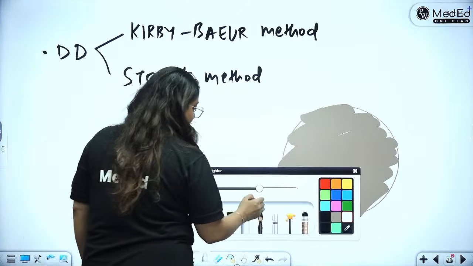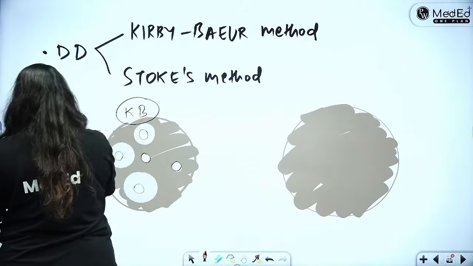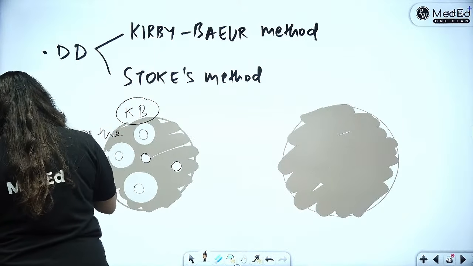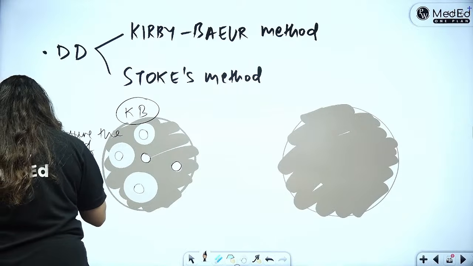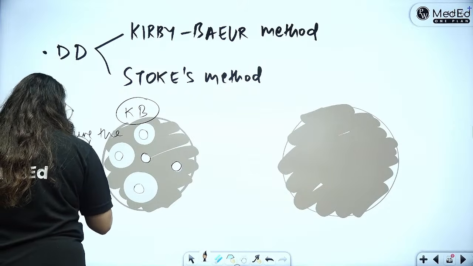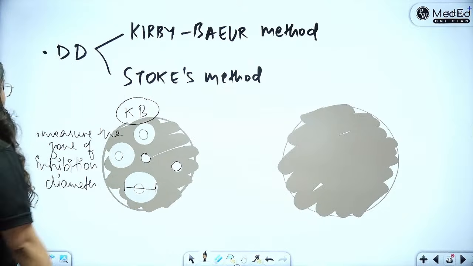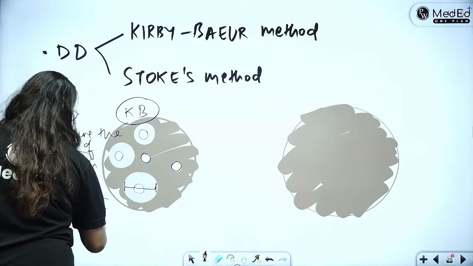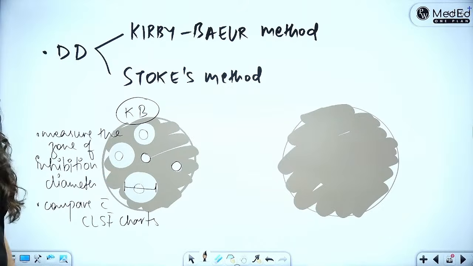So in the Kirby-Bauer method you measure the zone of inhibition diameter. From here till here, this diameter you will measure in millimeters, and you will compare it with the CLSI charts, and you will know for each drug-bug combination.